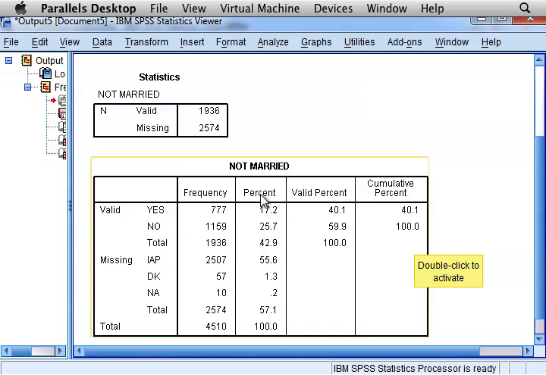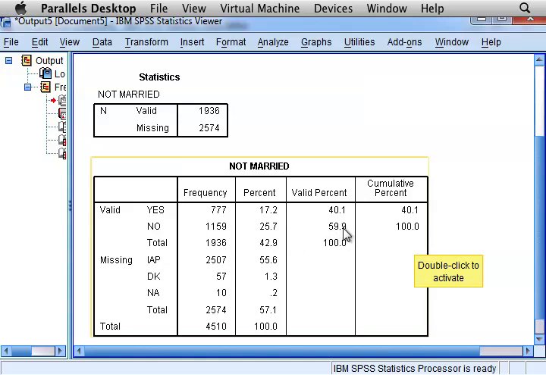Percent breaks down all of the different responses, yes, no's, and the various categories of missingness. And the valid percent contains the relative frequency or the percent frequency only for the people responding. So out of the 1,936, 777 people responded yes, that's 40.1%. The 1,159 out of 1,936 is 59%.